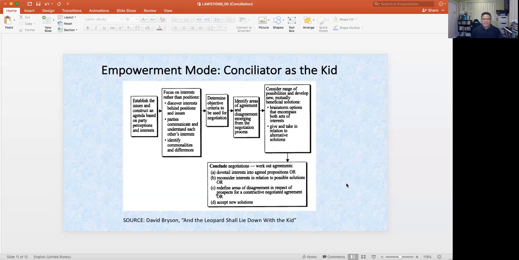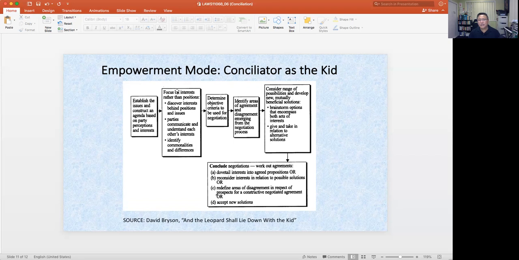David Bryson suggests that conciliators ought to consider an empowerment mode, and that's the conciliator as the kid. Here, the role of the conciliator is to establish the issues and construct an agenda based on party perceptions and interests. There is emphasis on the perceptions, the different realities of each party and their respective interests, rather than legal positions.